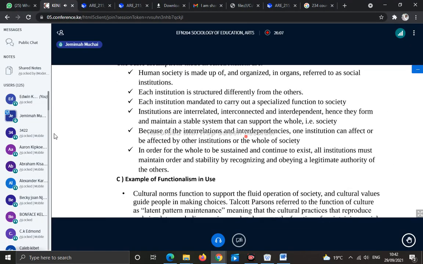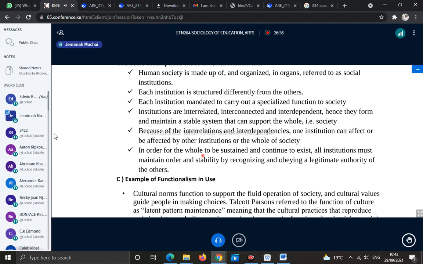Because of the lack of oxygen, the other organs start failing, and that would lead to death. The same thing happens in society. When one institution has a problem, that problem will be reflected in other institutions. And this is it. The sixth one.